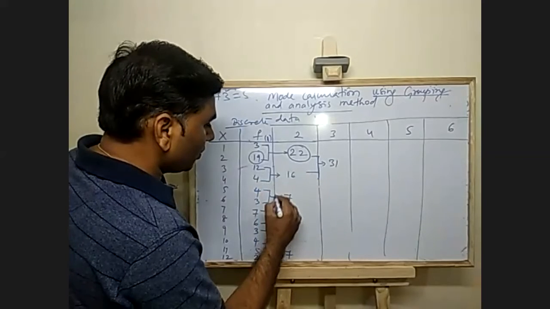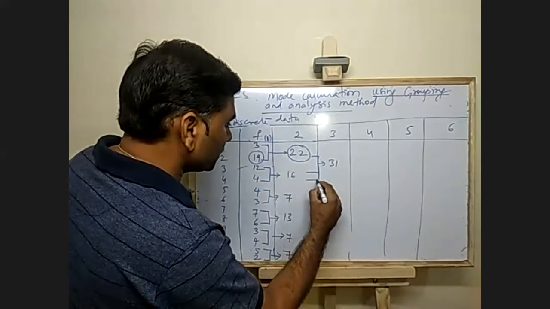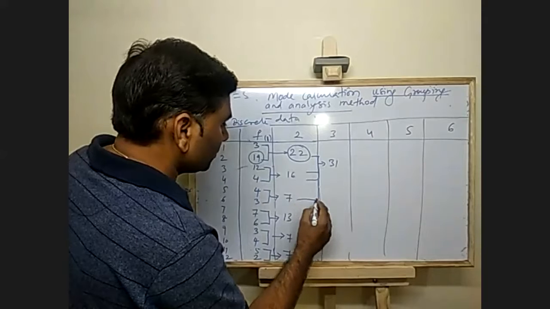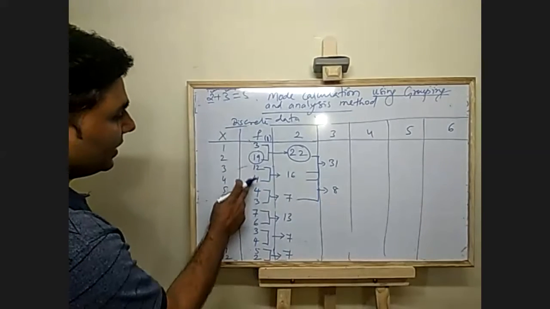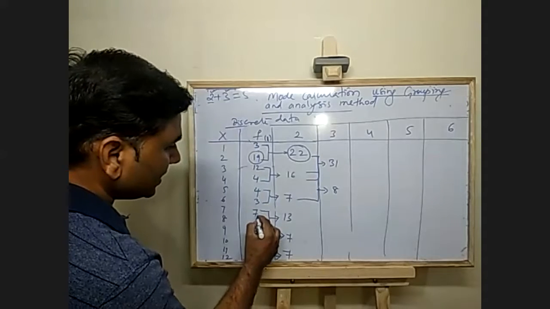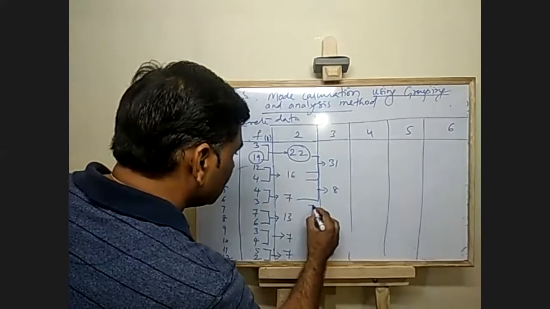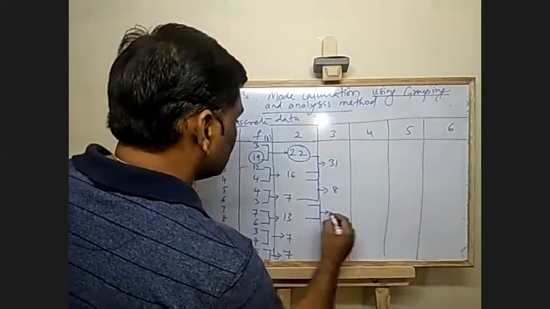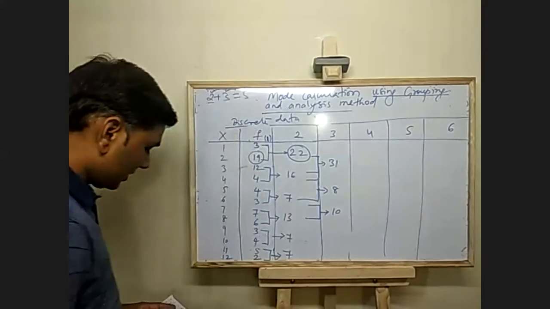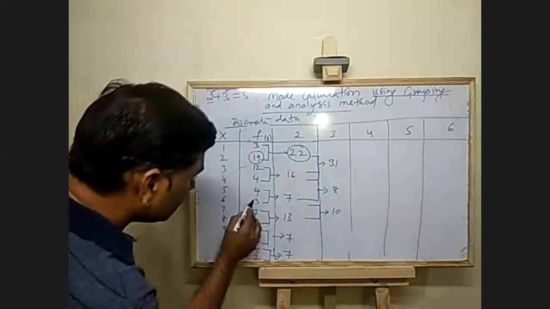Next, 4 plus 4, these two, 8. 19 done, 4, 4 done. Now next number is 3 and 7. This is 10. Okay.